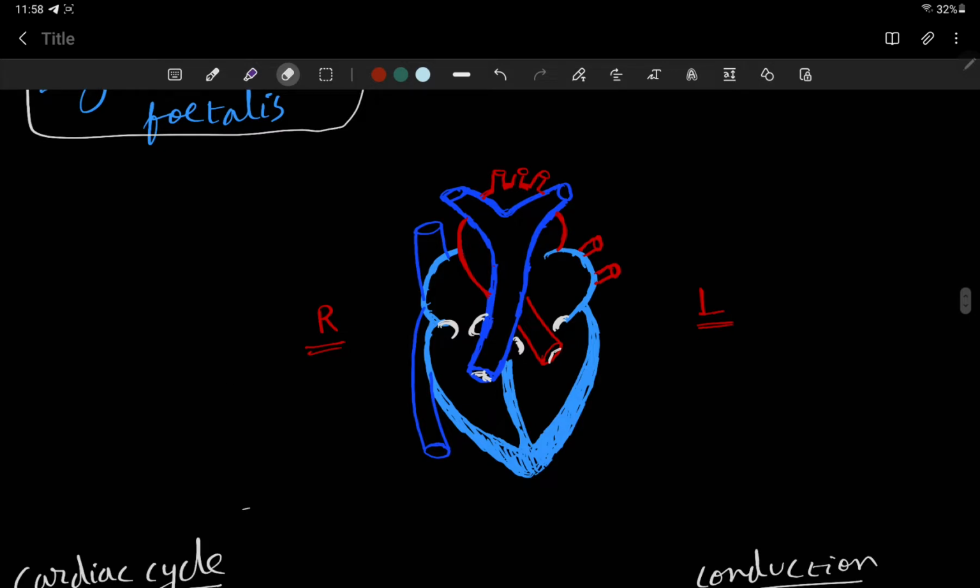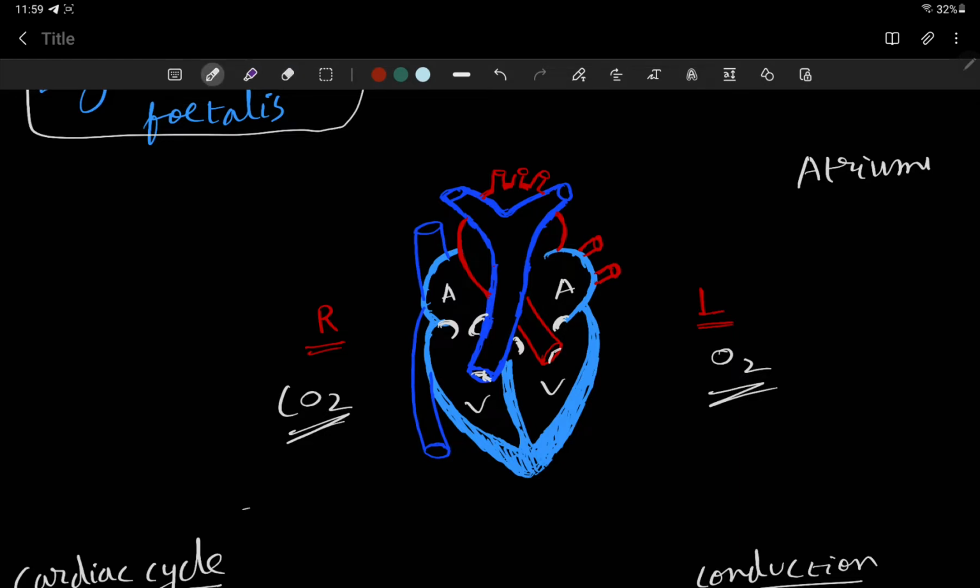This side is called the right side of the heart, which is dealing with CO2 blood, and this side is called the left side of the heart, which is dealing with O2 blood. Let's see the sections. The top ones are called atriums and the bottom ones are called ventricles.